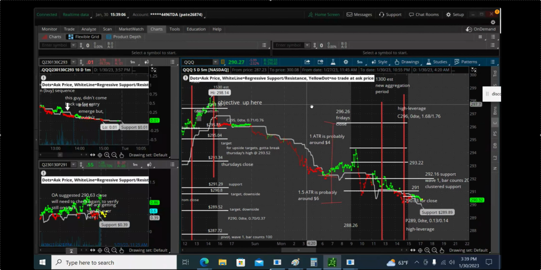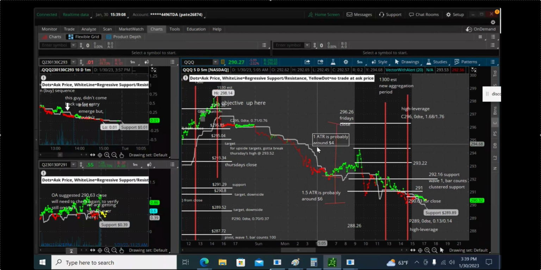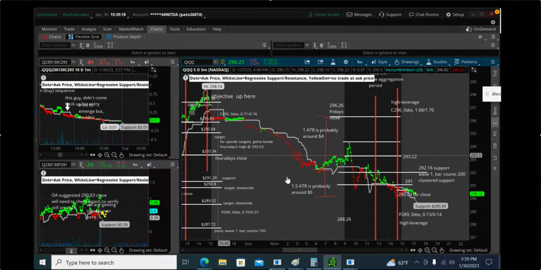Those levels worked out very nice right there. The vector helps, and we've got some good tools. It's just that we have issues with execution because of our window of opportunity. The overnight session is huge, and then our little window of opportunity is so small.